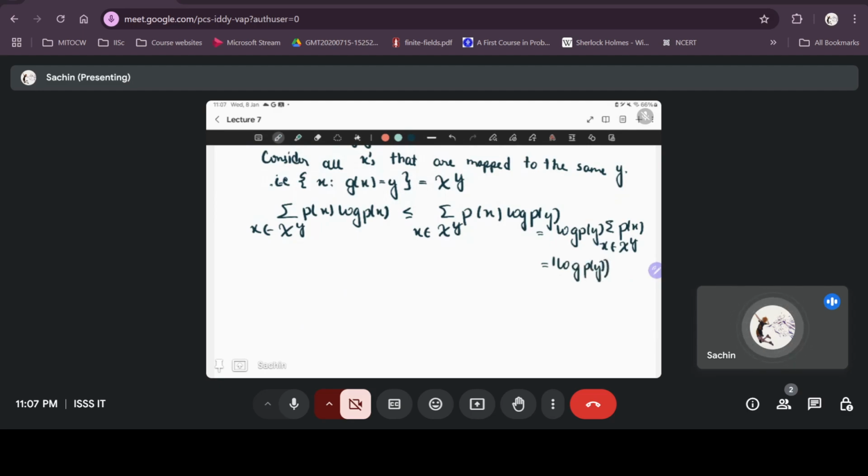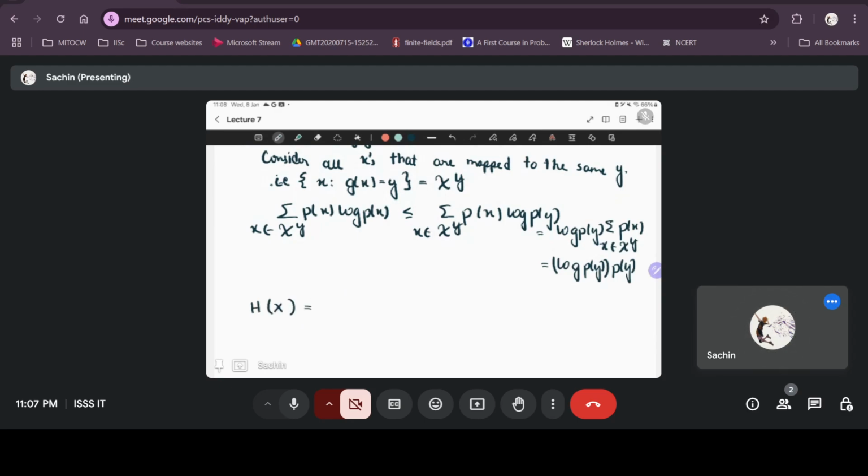So log p of y times p of y. So you can do this for all values of y.